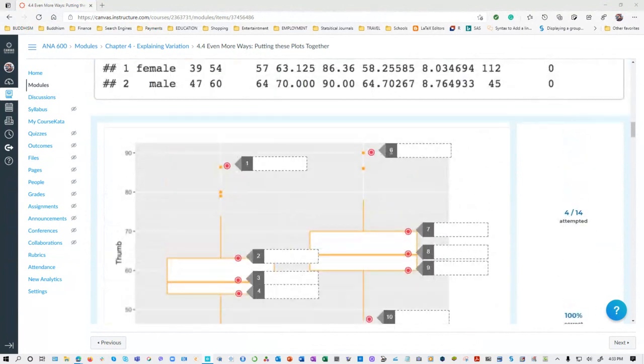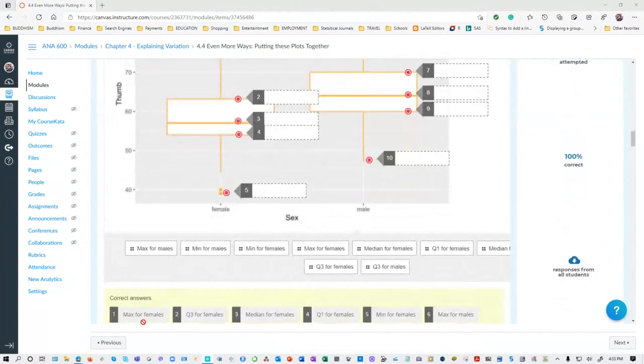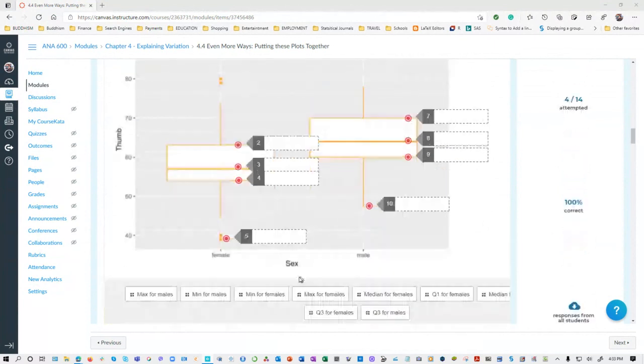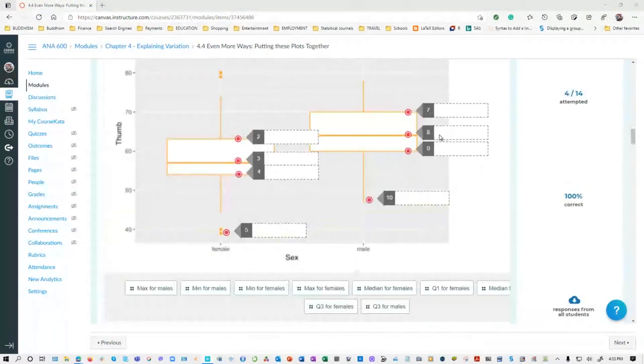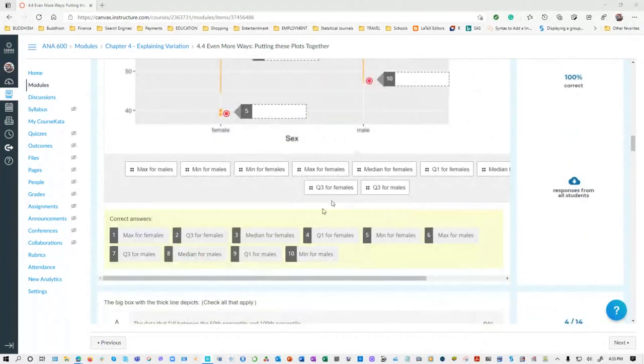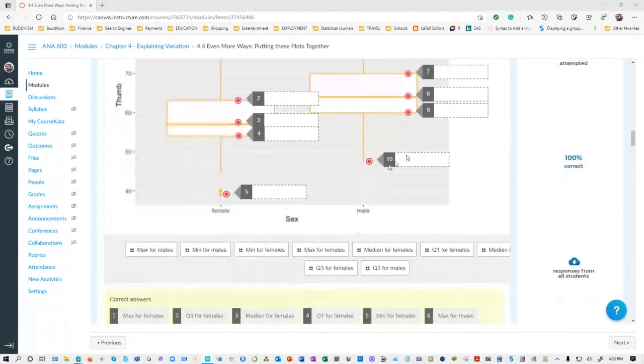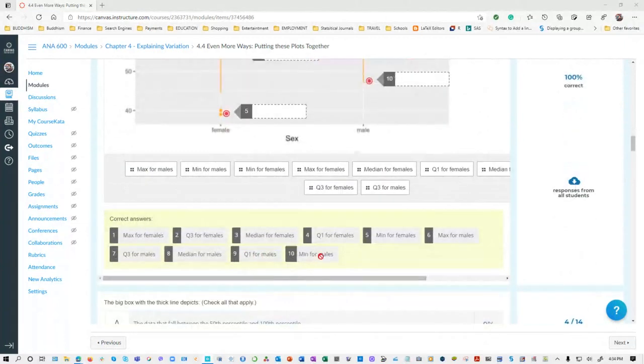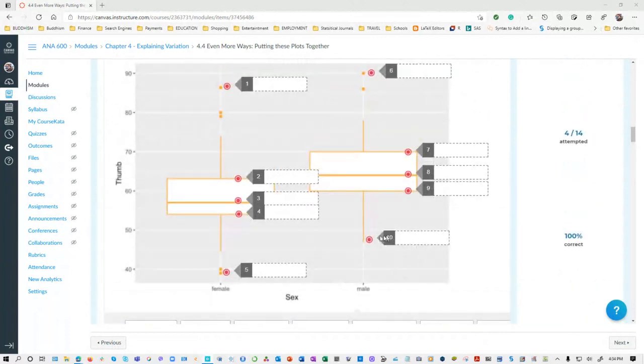In similar fashion, 6 is the max of males, 7 is Q3 of males, 8 is the median or Q2 for males, 9 is Q1 for males, and the minimum for males is the end of the whisker, not the end of a dot, because on this side we don't have outliers.